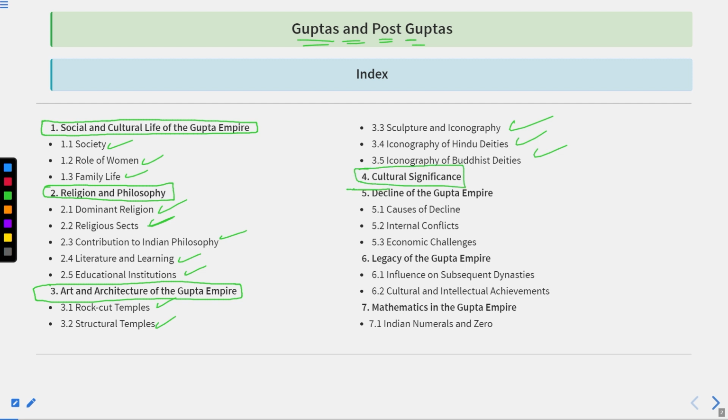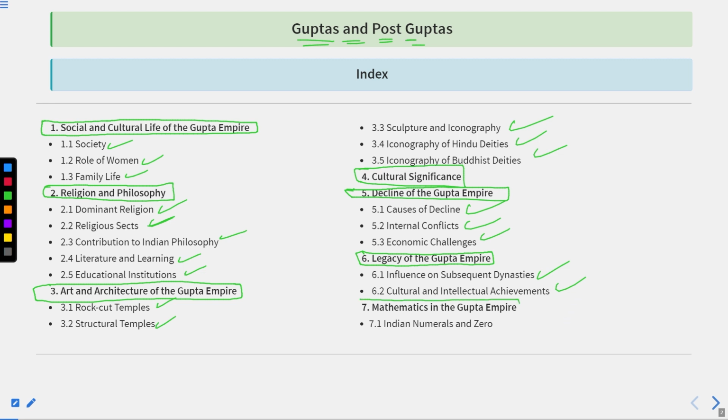Then we will see the decline of the Gupta Empire, in which we will discuss the causes of decline, internal conflicts, and economic challenges. Thereafter, we will discuss the legacy of the Gupta Empire, in which we will discuss influence on subsequent dynasties, and cultural and intellectual achievements.